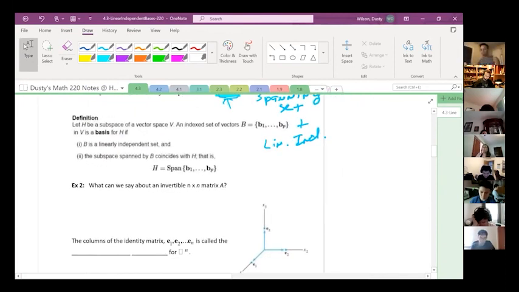So let H be a subspace of a vector space V. An indexed set of vectors B equal to B1 to BP in V is a basis for H if it has two conditions. Condition 1, the vectors are linearly independent. And condition 2, the space is spanned by the vectors. So two conditions: 1, linear independence; 2, span.